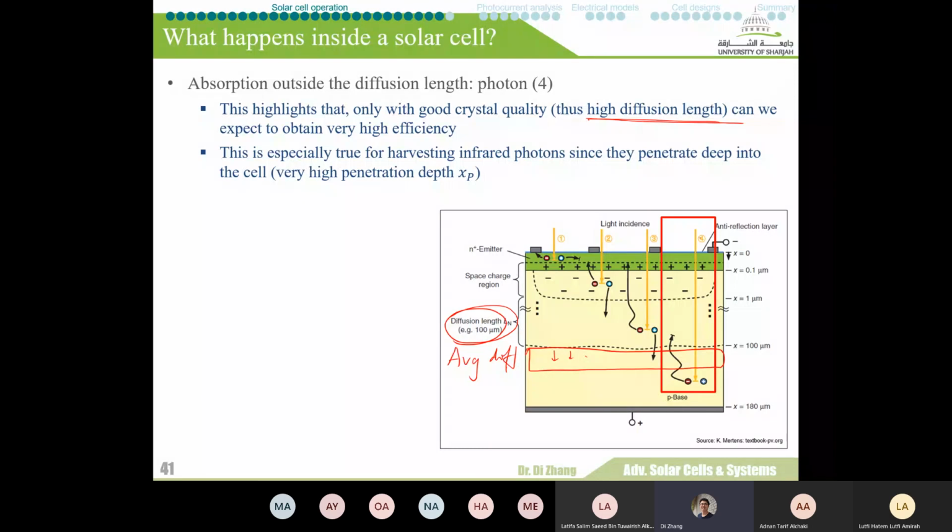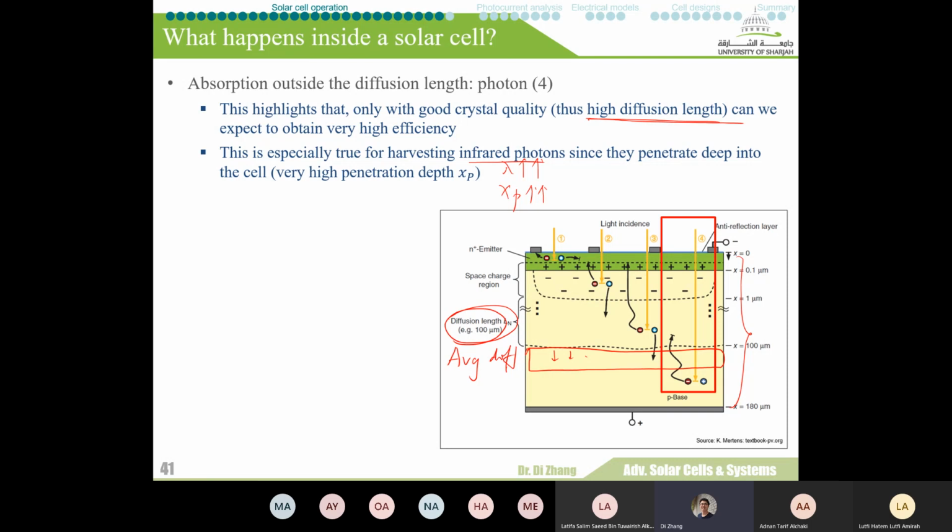Because remember, in the end, you need a certain thickness in order to absorb most of the photons. This is especially important if you want to harvest long wavelength photons, because we mentioned that for long wavelength photons the penetration depth is typically high. You need a certain amount of thickness to absorb most of the long wavelength or infrared photons.